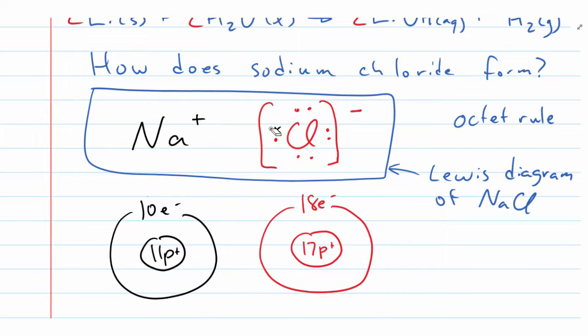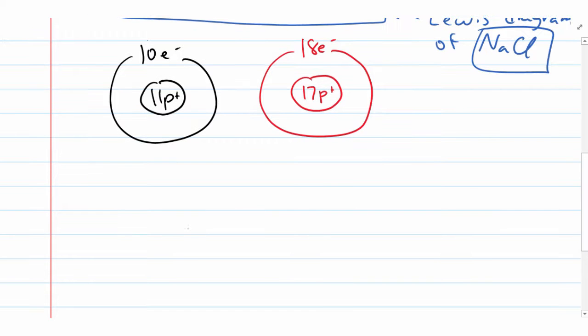But we talked about the importance of balancing charge when we wrote out chemical formulas before, and that a formula for sodium chloride would look like this. It would be NaCl. There's one sodium for every one chlorine. Now what we have formed here is what we call an ionic bond.